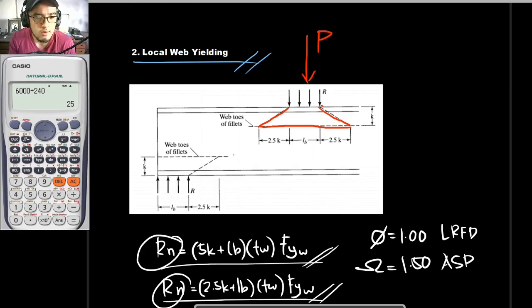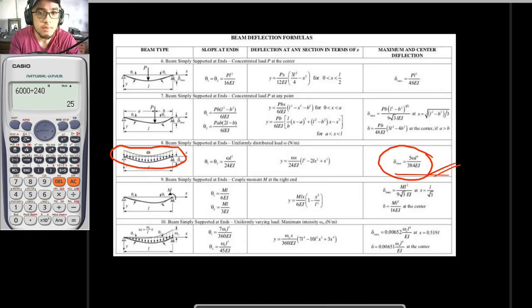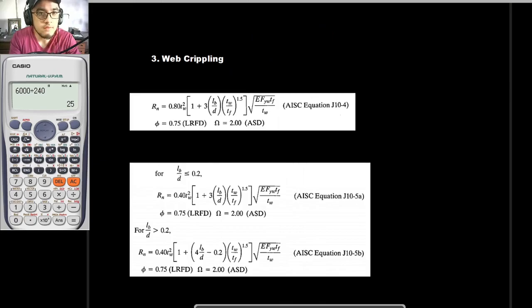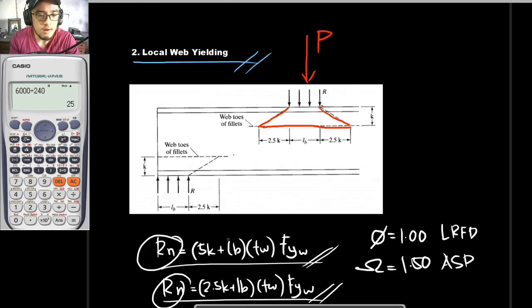So ano ba yung bago dito? Etong k na to, alam nyo na to, no? Parehas din lang siya sa pinagsasabi natin kanina dito, that is the value for k. And as for this LB right here, etong LB na to is the length that your point load is covering.